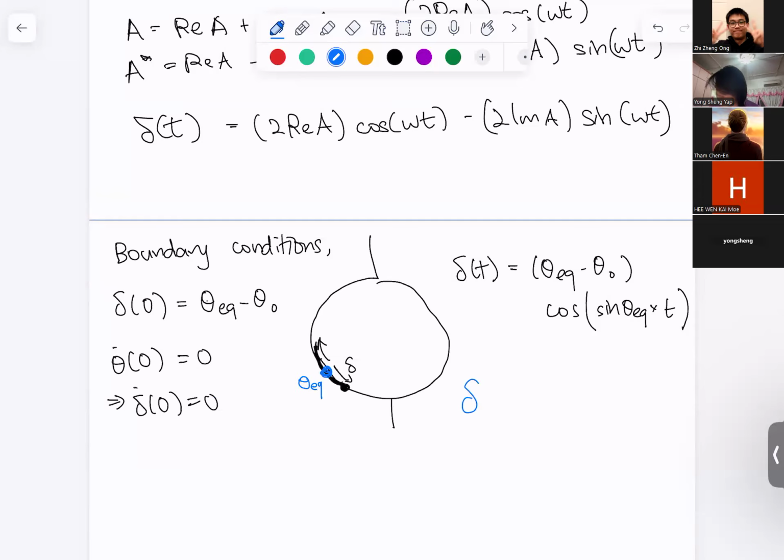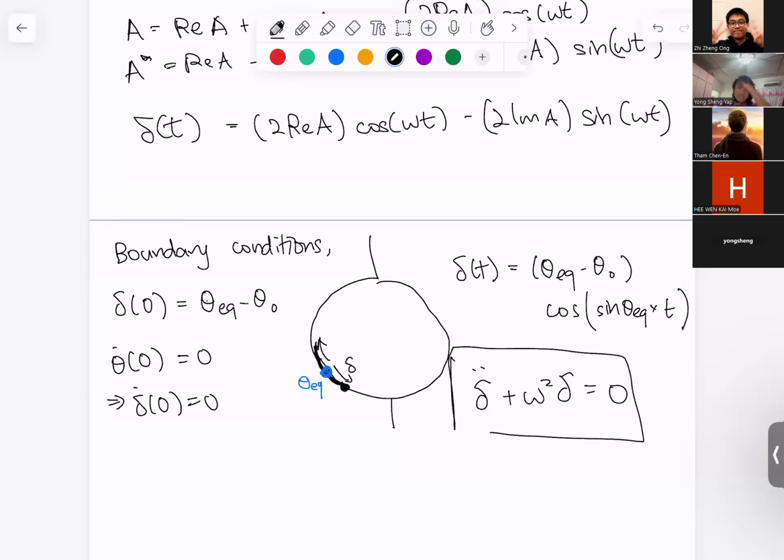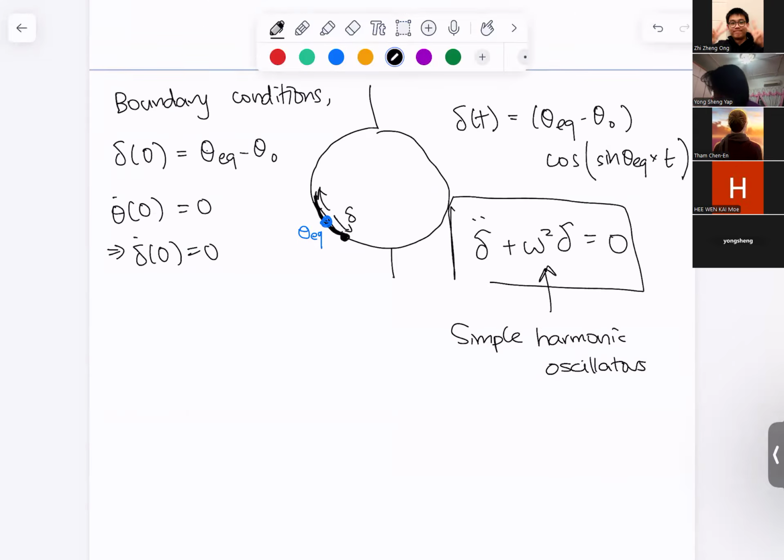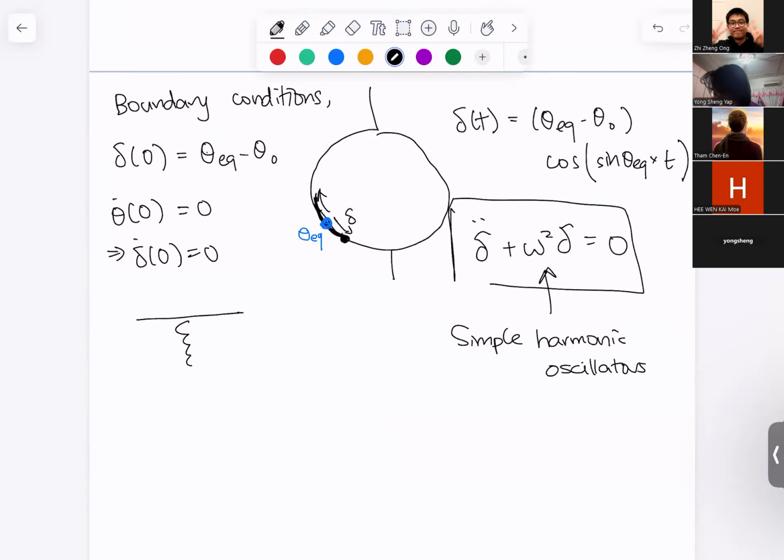So basically, the equations of this sort tell you that these are simple harmonic oscillators. This is completely equivalent to a block on a spring; maybe I'll draw it horizontally, so no gravity.